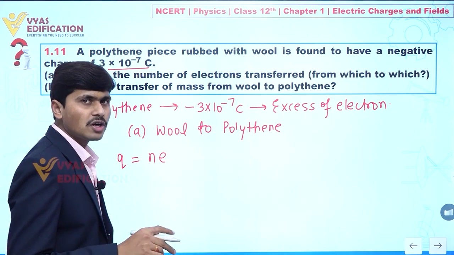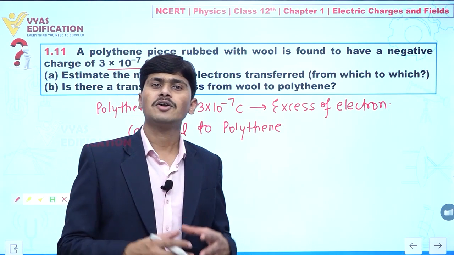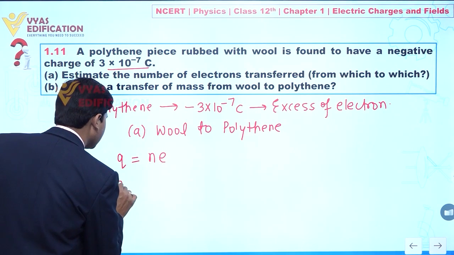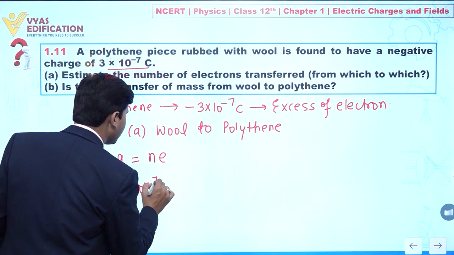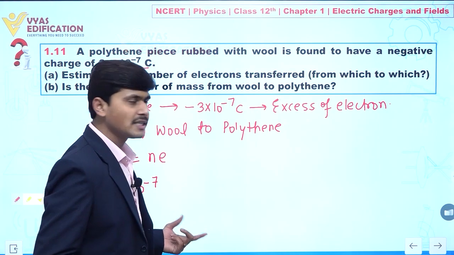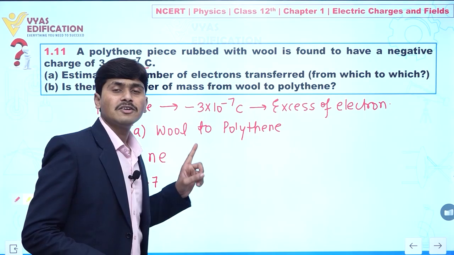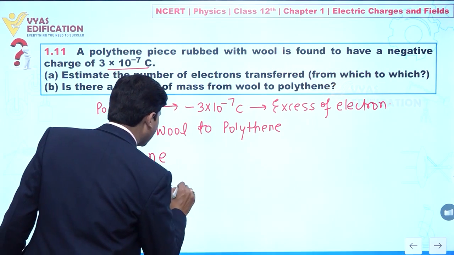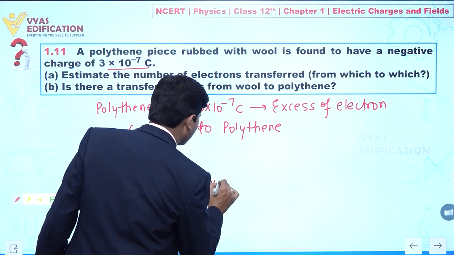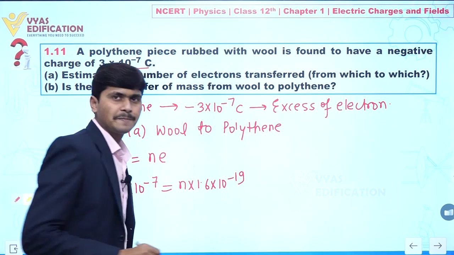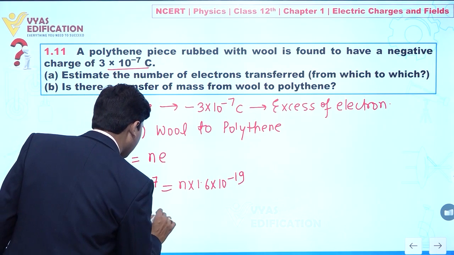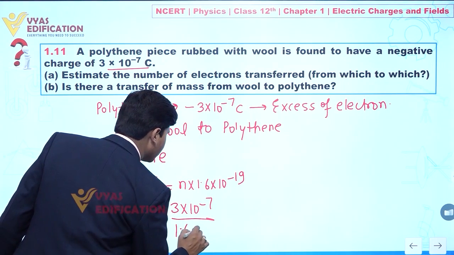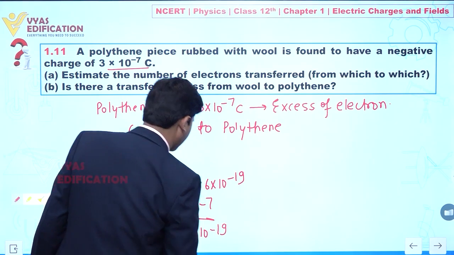If we talk about magnitude, the number of electrons transferred, Q is 3 into 10 to the power minus 7. You can also write minus, in which case you write the electron charge as minus 1.6 into 10 to the power minus 19 coulomb. So I am writing directly 1.6 into 10 to the power minus 19.